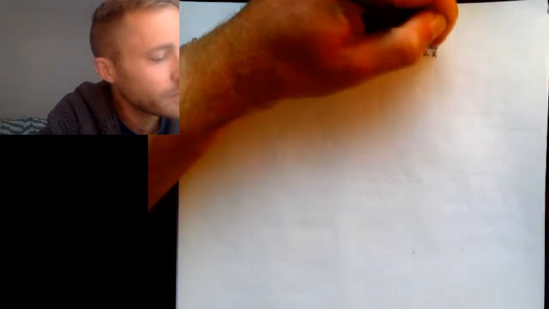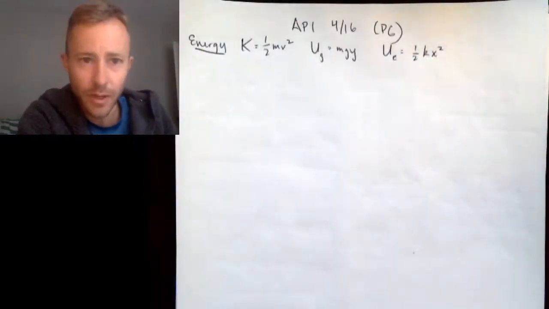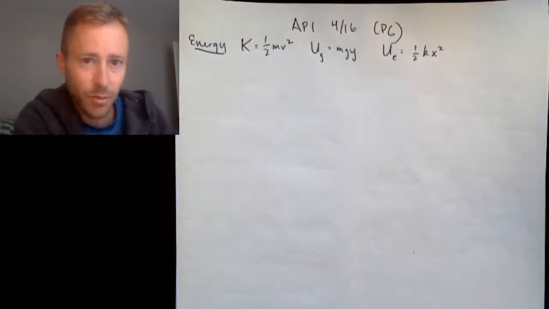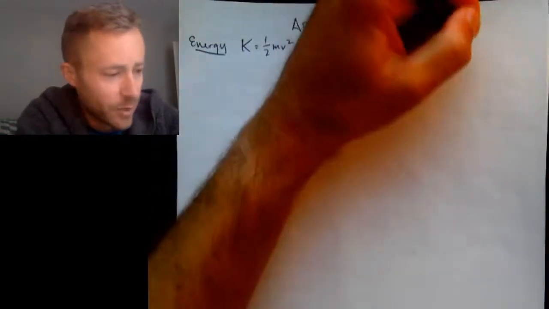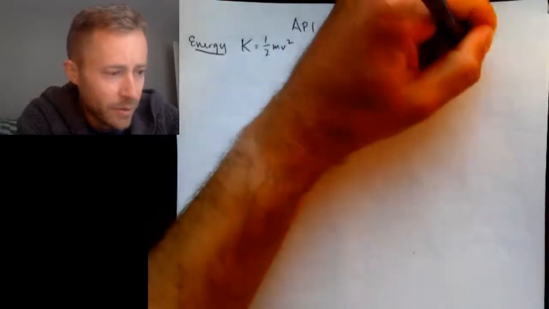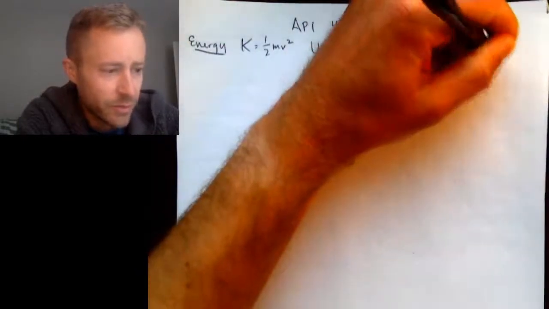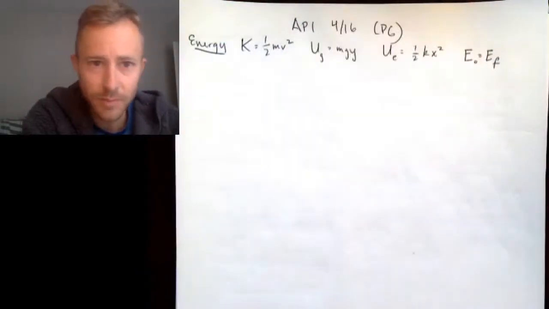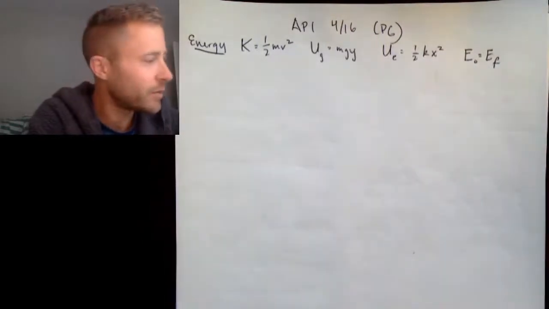And we also learned about elastic potential energy, which is the energy contained in a stretched rubber band. Now, the important fact about energy is that E initial is E final. So the total initial amount of energy does not change as time goes on.